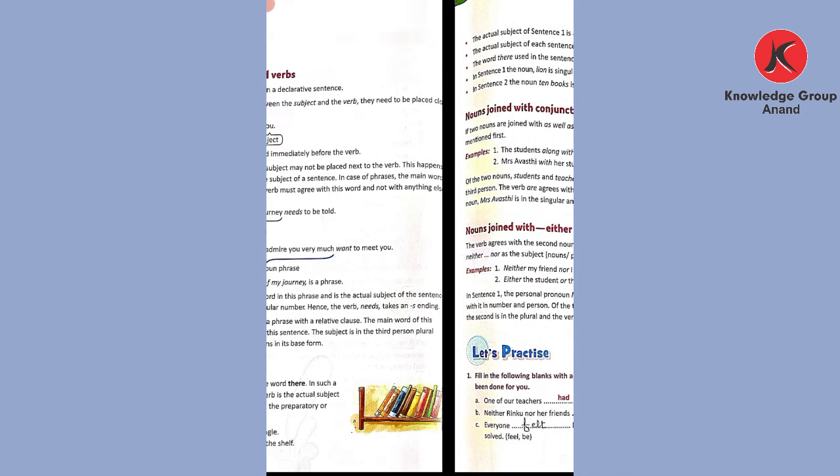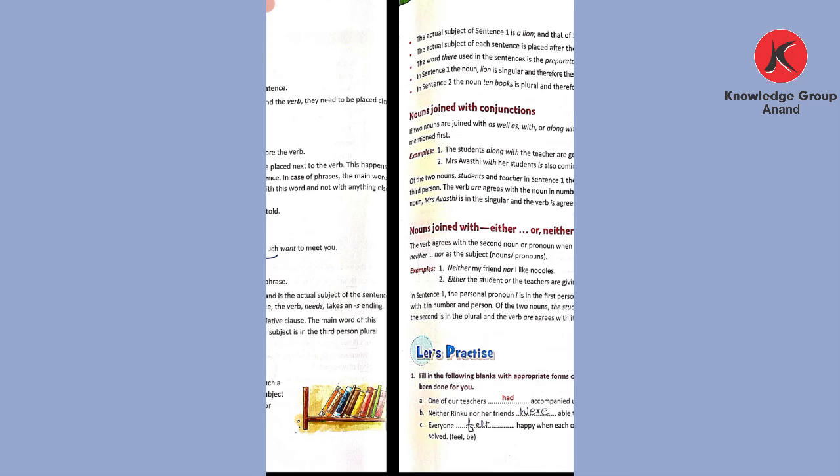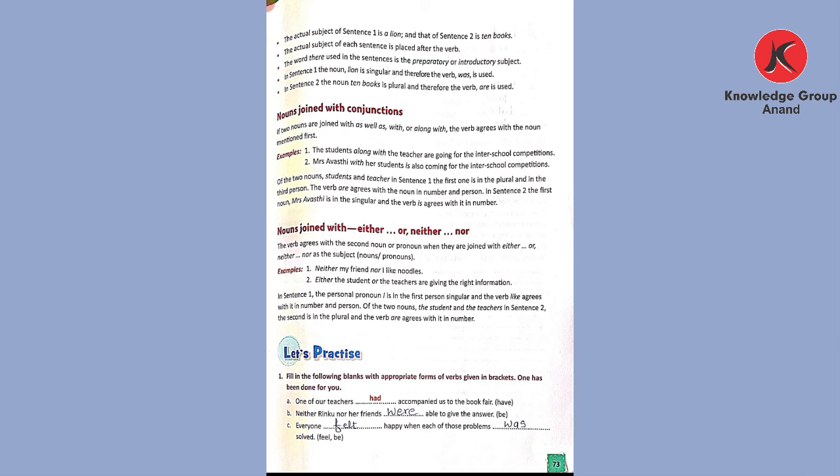So dear students, on the page number for placement of the subject and the verb, both the sentences you have to write down. This part you have to write in your notebook. Then about the conjunction, you have to write it with the example.